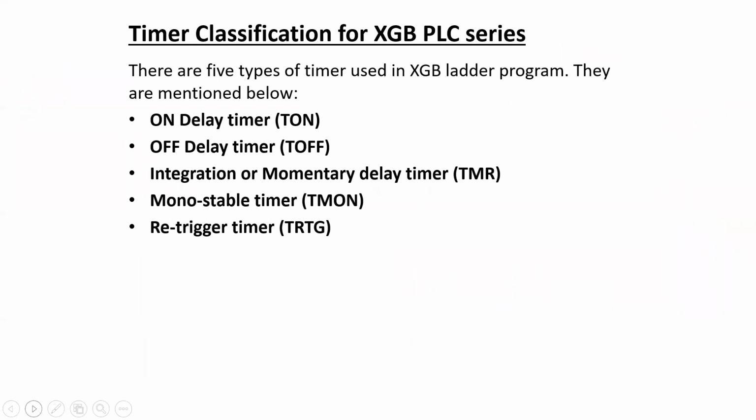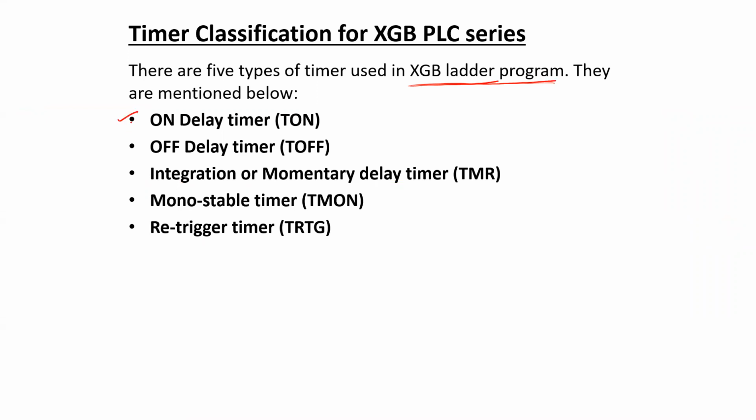Now that was the classification of the timers in terms of the resolution or step size. Now in terms of the application or function of each timer, they can be divided into 5 categories for doing ladder programs for XGP series.